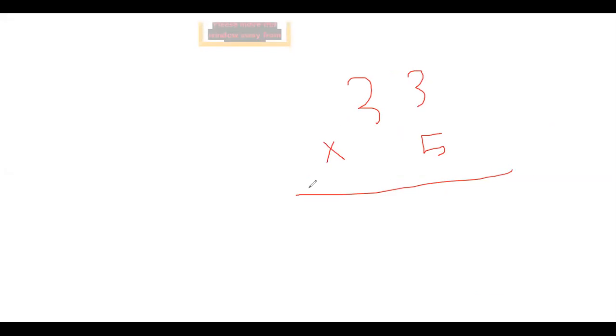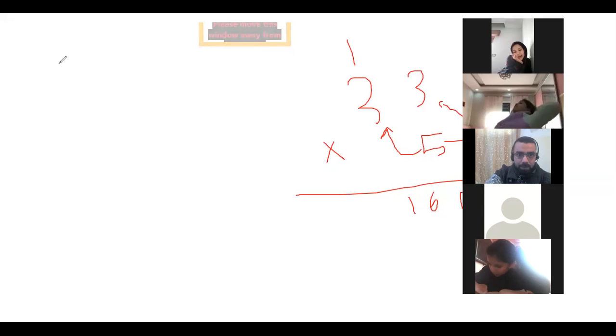We need to multiply the 5 times the 3 and the 5 times this 3 also. Now, 5 times the 3 equals 15. So we put the ones here, which is the 5, and we raise up the tens to here, which is 1. Now again, 5 times the 3, also 15, plus 1, 16. We just write here the 16. And that's it. Do you understand? Great.